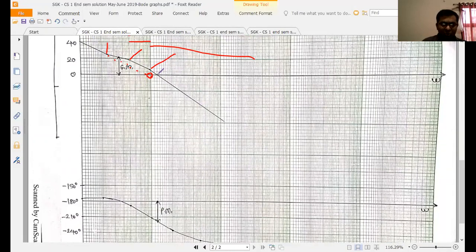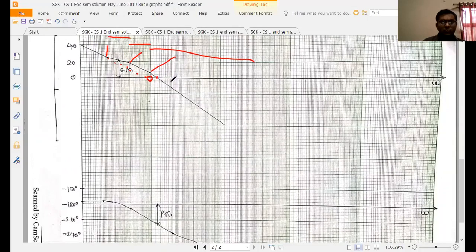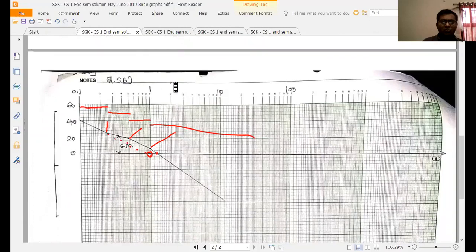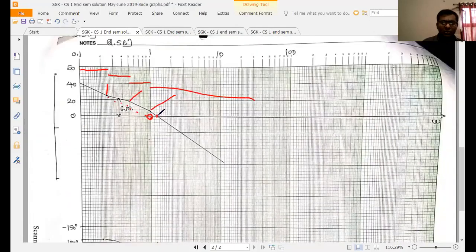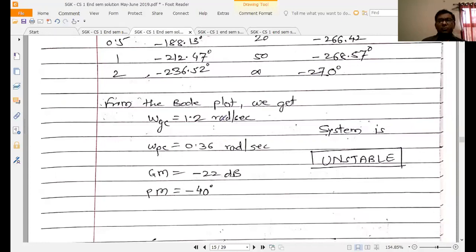So it is this point. Can you tell me what is the value of omega at this point? It is 1 point something, now this is 1.2, right? It is somewhere in between, so I say 1.2.